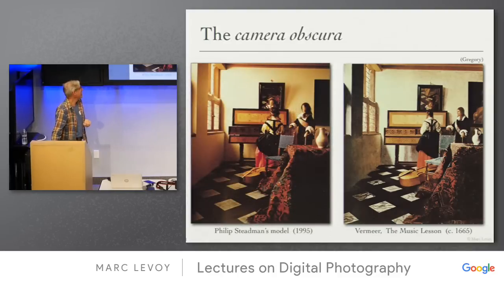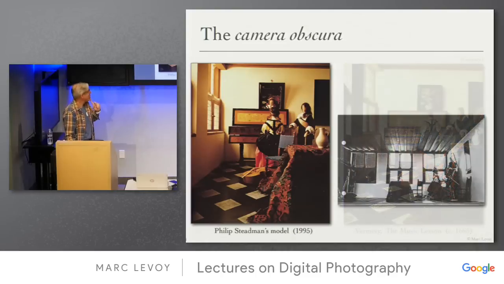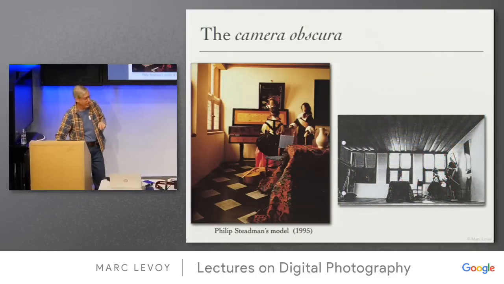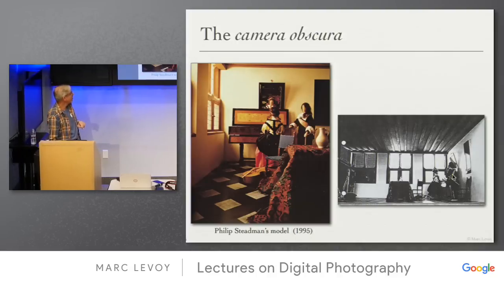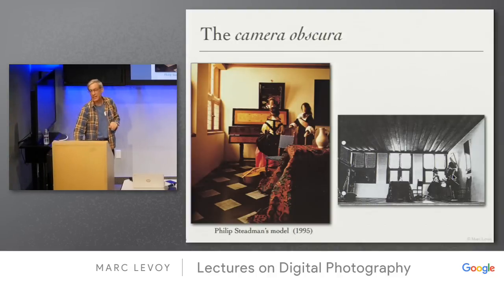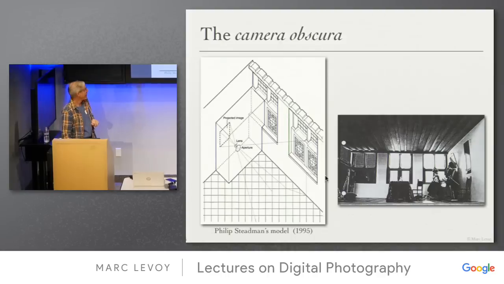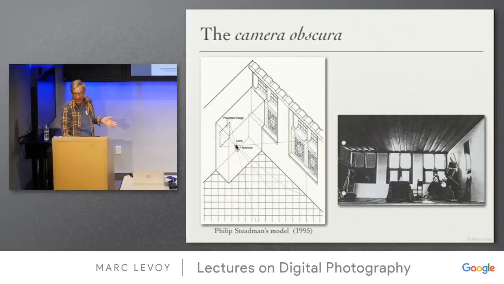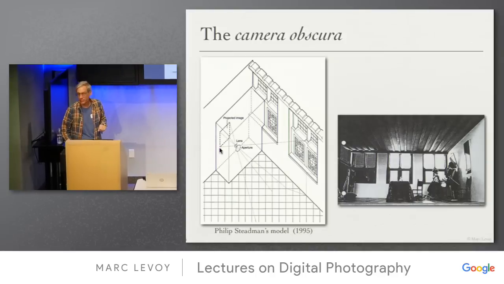He built a little doll model of the room and actually set it up with a camera, a kind of big bellows camera, in order to make the view that is in his pictures, and used that to hypothesize that this was probably the arrangement. So there would be an aperture, might have been a lens, and it would make a perspectively correct, linear perspective of the scene on the back wall of the room.